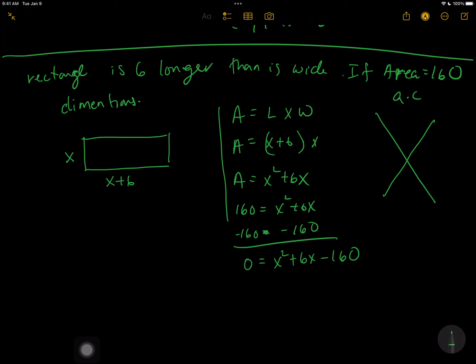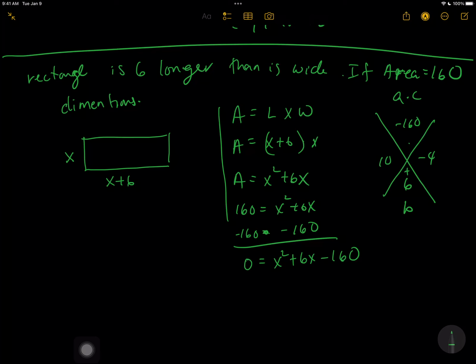AC is going to be negative 160, and B is going to be 6. I need two numbers that multiply to give me negative 160 and add to give me 6. How about 10 and negative 4? 10 and negative 4 does not work because they don't multiply to give me 160.